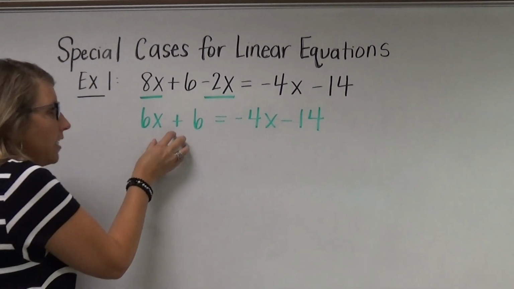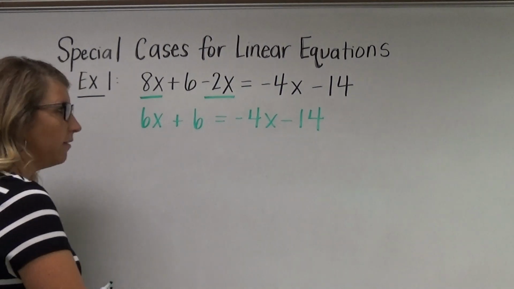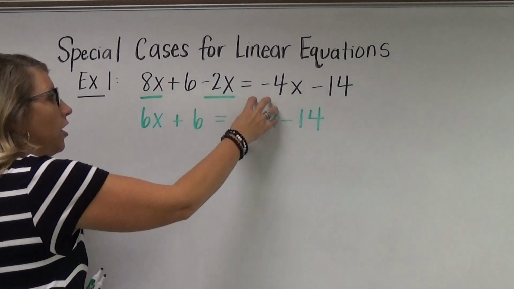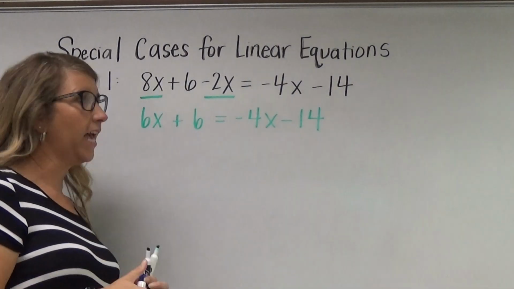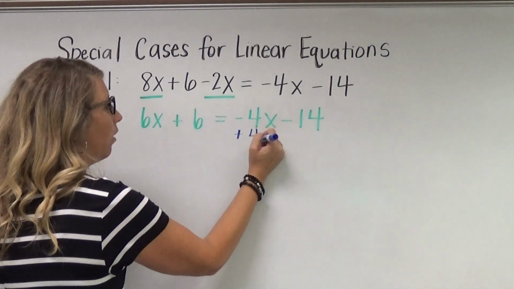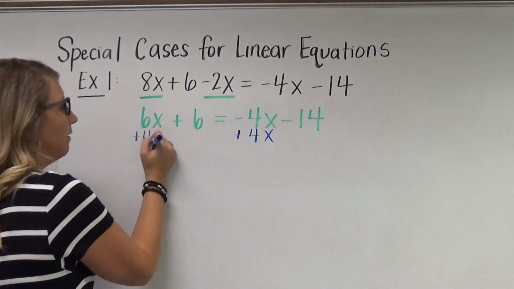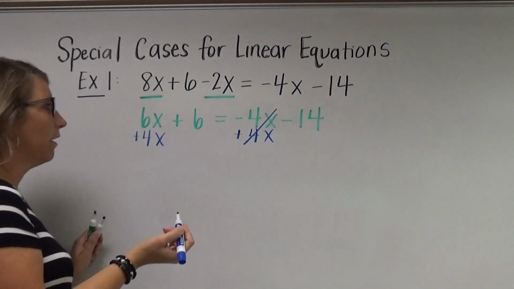Since there's no like terms left or right, our next step is to start moving terms from one side to the other. We want to get our x terms together. So I'm going to move negative 4x by adding 4x to both sides. Negative 4x plus 4x goes away.